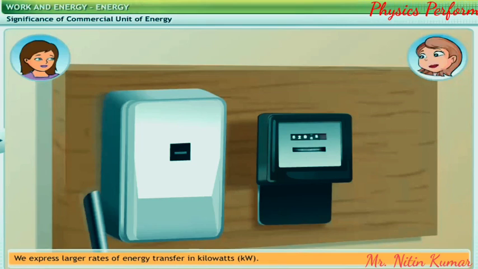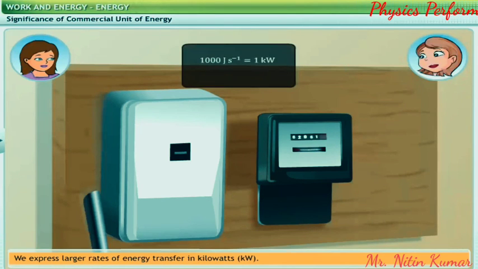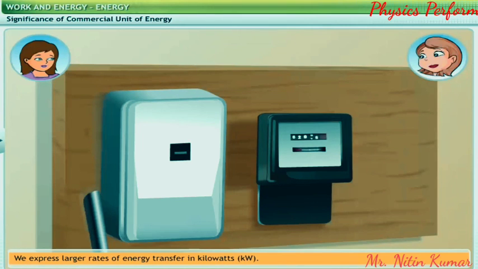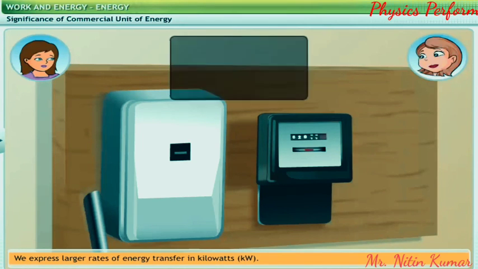For convenience, we use a bigger unit of energy, kilowatt hour, denoted by kWh. Let us say we have a machine that uses 1000 joule of energy every second. If this machine is used continuously for 1 hour, it will consume 1 kilowatt hour of energy.